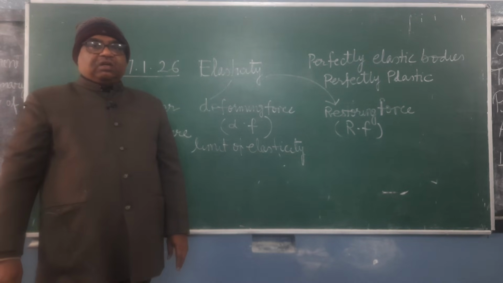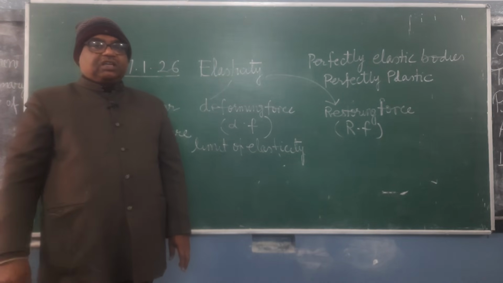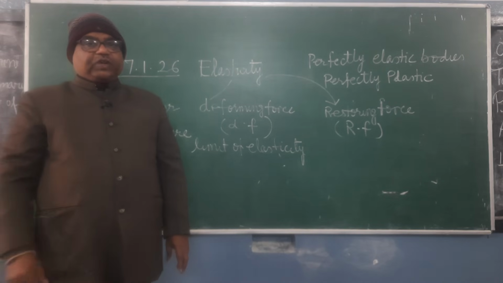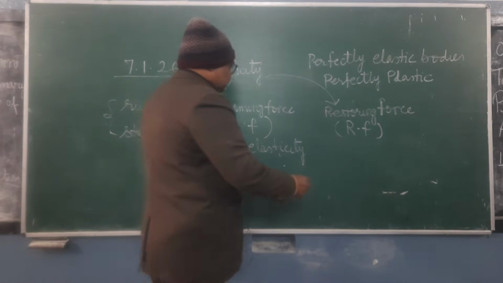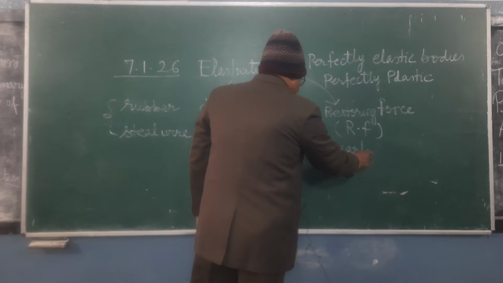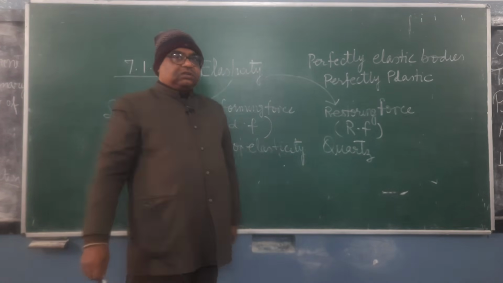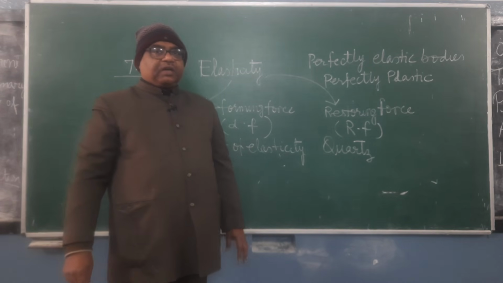But it is found that on removal of the deforming forces, some bodies return back to the original shape and size very largely, up to a high extent, while some return very little. For example, if you take any body which is made of quartz, on removal of the deforming force, what will happen?